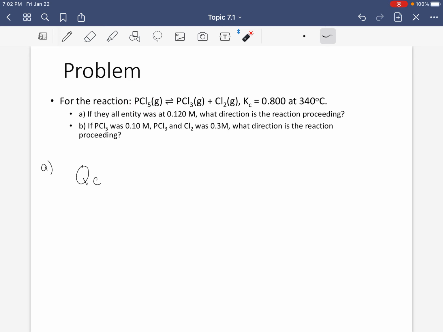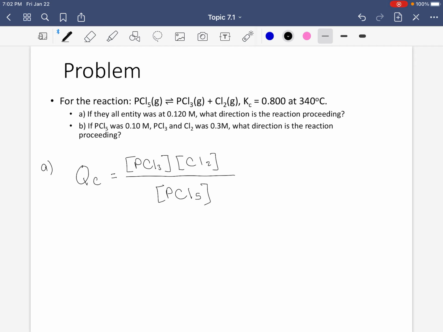Is the reaction going forward or the reaction going backwards? So let's do the QC expression. As I said, the expression here is exactly the same mathematically as calculating Kc. It's just that Kc is given to you. It's a constant, it's the same thing. And now you're just checking to see what you're getting.